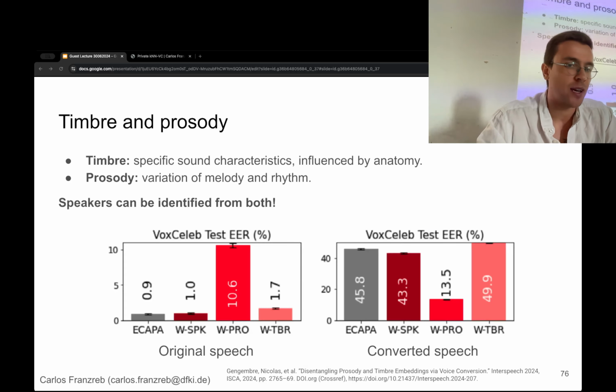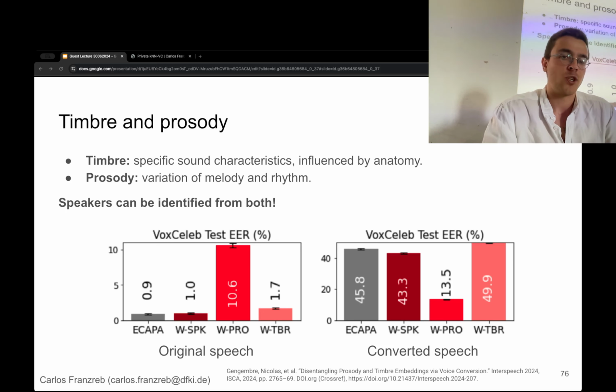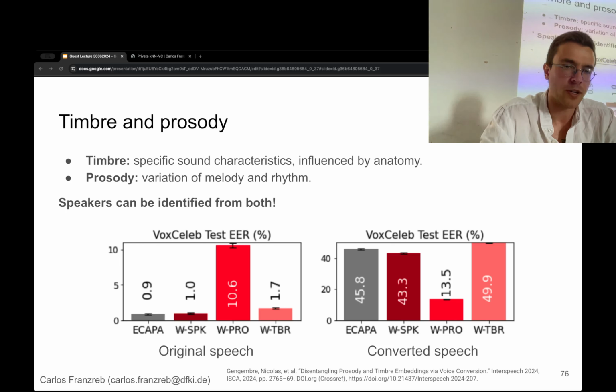Yeah, and this is a very interesting experiment where they train a prosody recognizer purposefully with converted speech to be different from the timbre recognizer, so that they can really see how each of them is able to recognize speech. In the left figure, you see the performance of ICAPA, which is this speaker recognizer, the one that we were seeing before from the voice privacy evaluation.